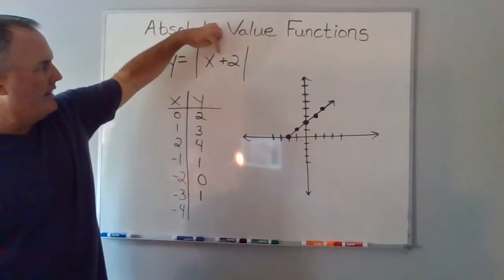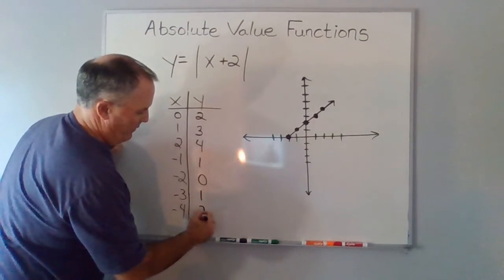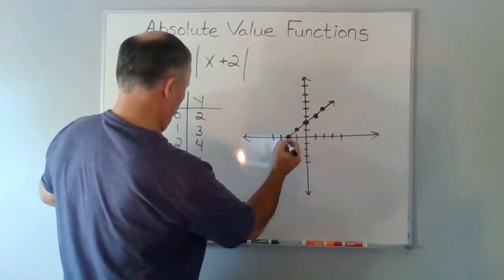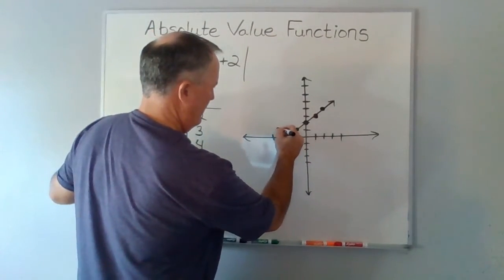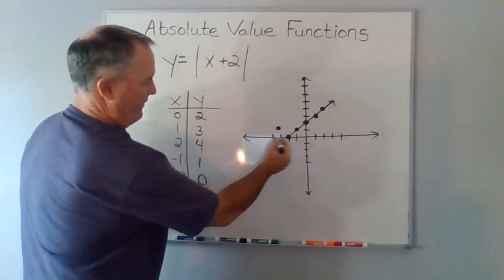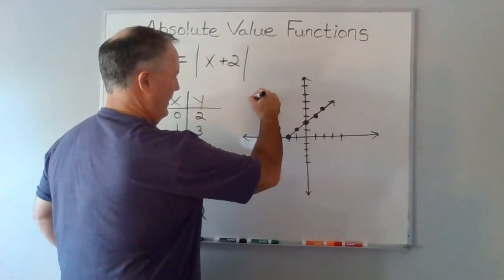Negative 4 plus 2 is a negative 2. But that turns into a positive 2. So let's plot these points. Negative 3 and 1 would put a point right there. Negative 4 and 2 would put a point up here. Here we go.